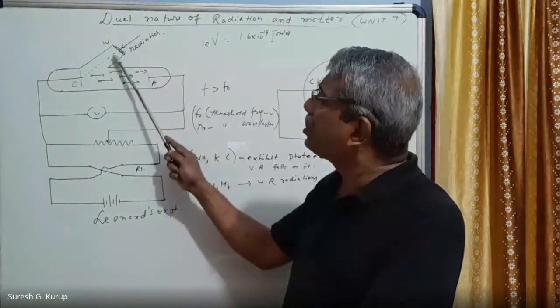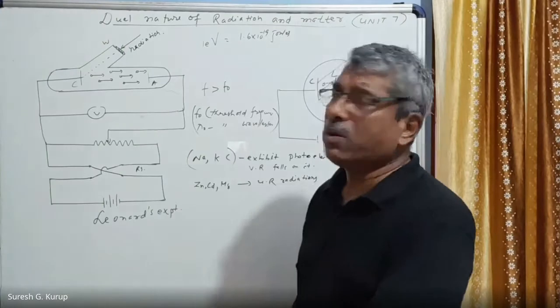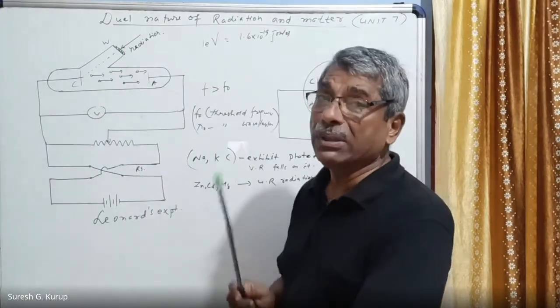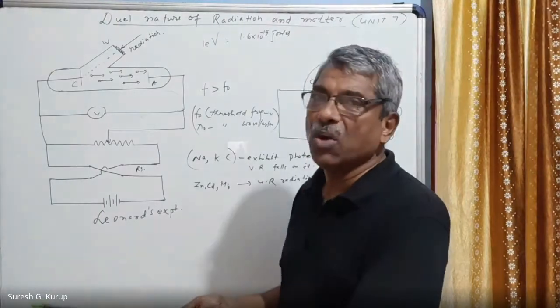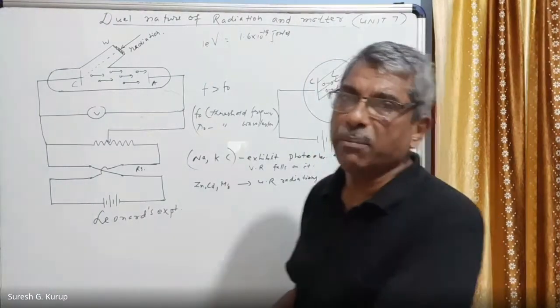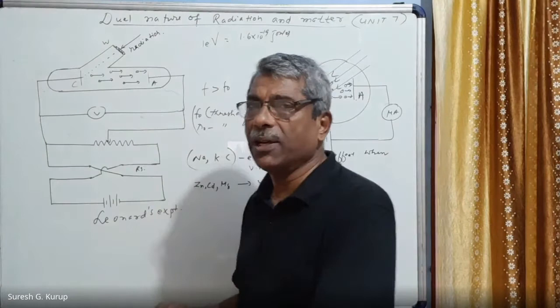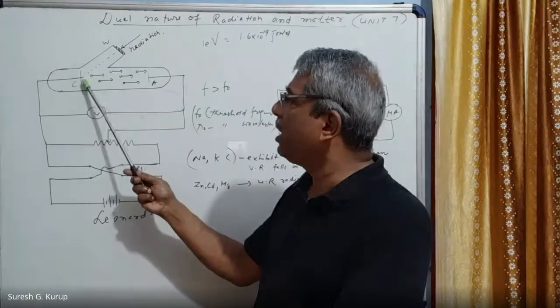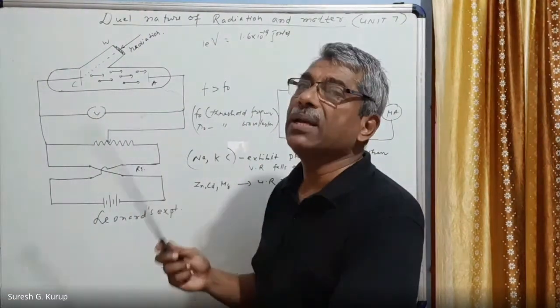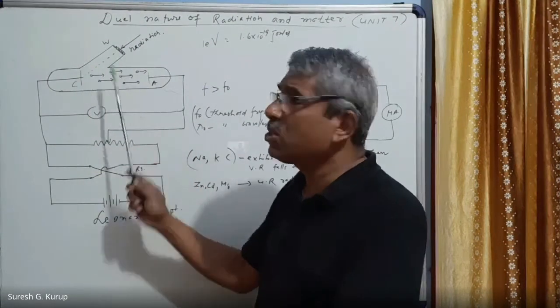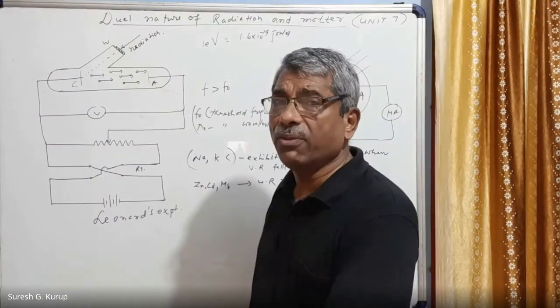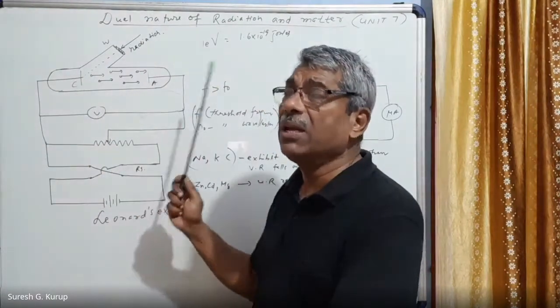Till then, no radiation of suitable frequency falls on the cathode. One more thing you have to remember: the cathode is a light sensitive material, a photosensitive material. It is also kept at a negative potential. So when radiations of suitable frequency fall on it, electrons are emitted. There are two things.